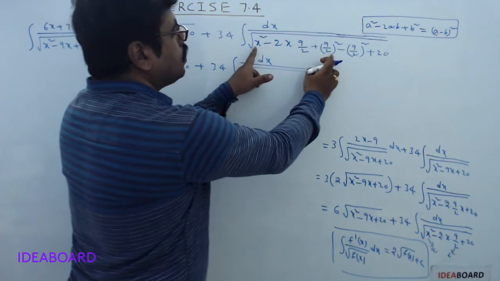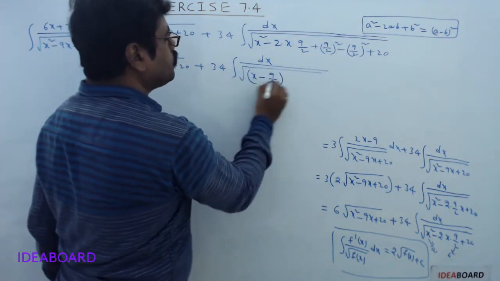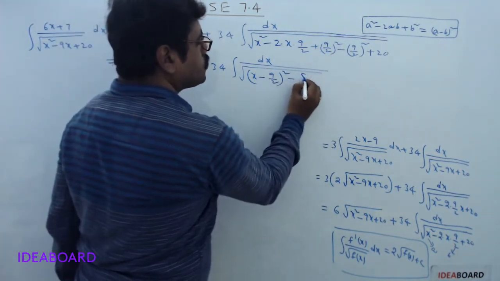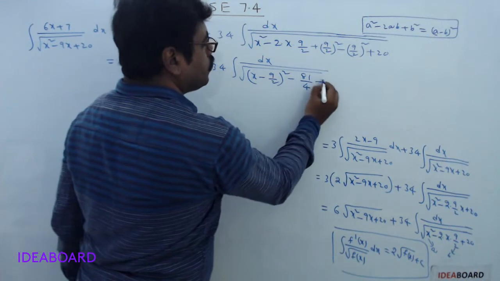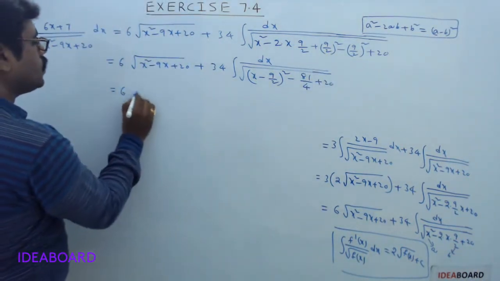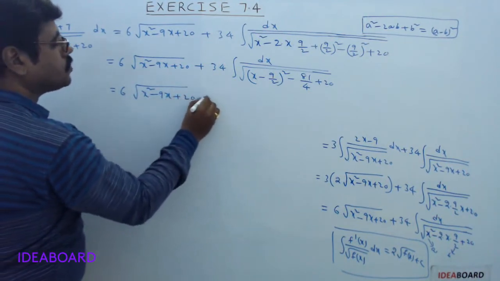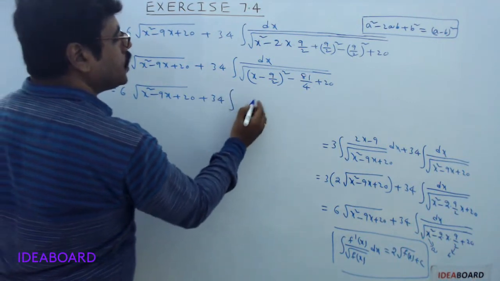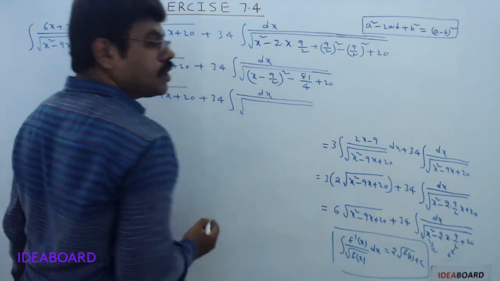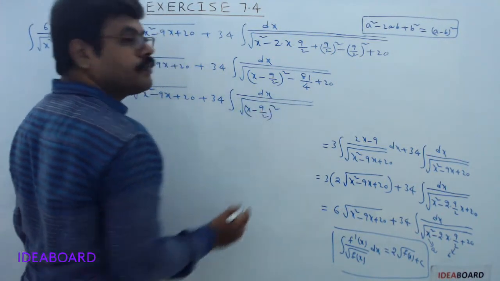So the combination of these three terms can be written as x minus 9 by 2 whole square, minus 9 by 2 whole square, that is 81 by 4, plus 20. Now this is 6 into square root of x square minus 9x plus 20 plus 34 into integral dx divided by square root of x minus 9 by 2 whole square.